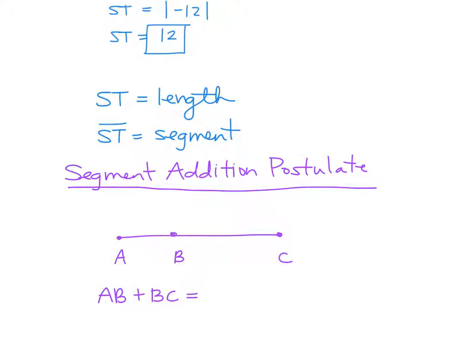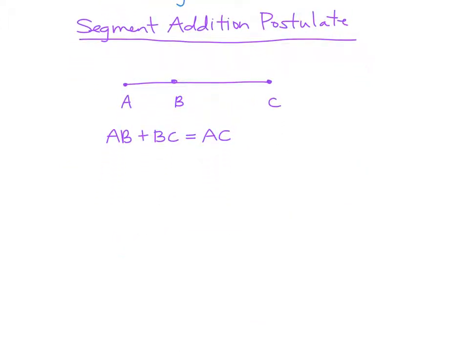The two parts added together equal the whole thing, which maybe looks super simple right now. You'll see that when we throw the geometry in, there's more involved. So segment addition is: take the two parts, add them together, and you should get the whole thing. Here's what that looks like in geometry.